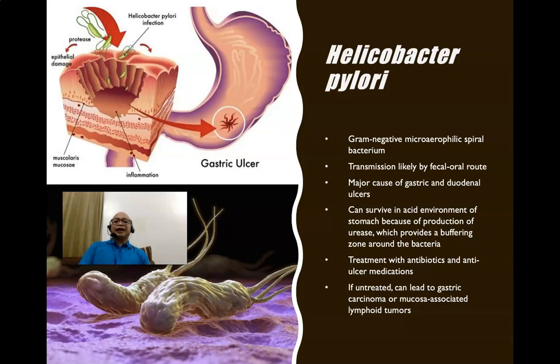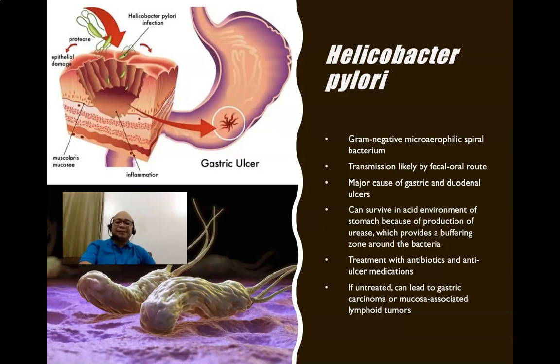As we all know, our gastric juice is highly corrosive. It's very acidic when it comes to pH. However, Helicobacter pylori can survive in the acid environment of the stomach because they are capable of producing urease, which will eventually neutralize the hydrochloric acid. So it provides a buffering zone around the bacteria.